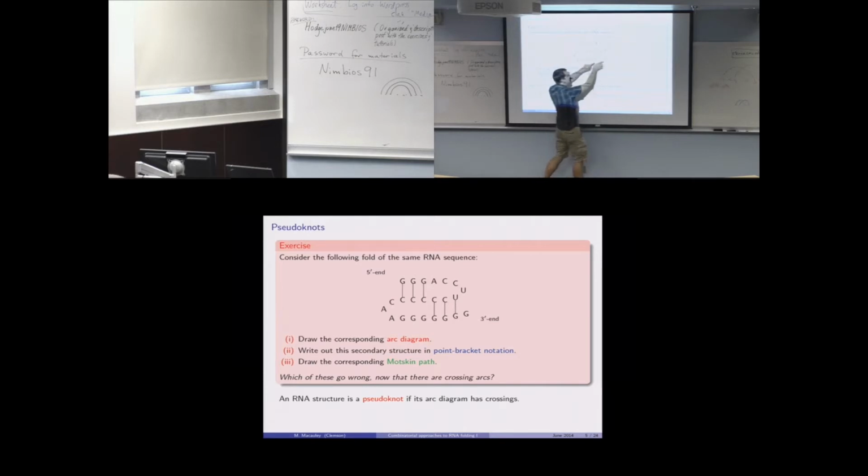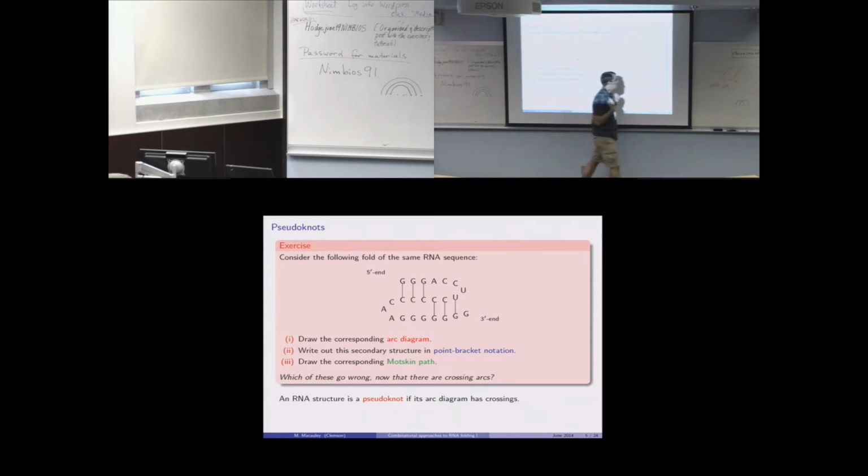It could loop up into here. That is not given by just the sequence of bases and the sequence of pairs. So that little extra knottiness is part of the tertiary structure, whereas the secondary structure is just the base pairs.